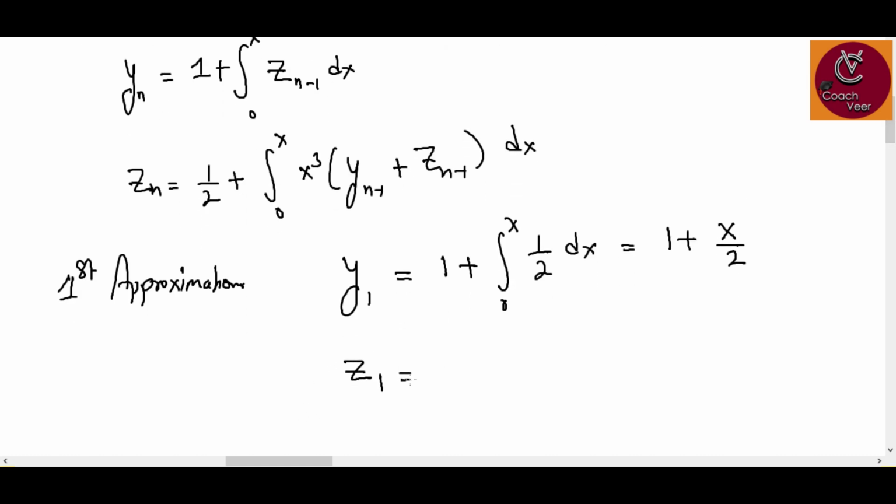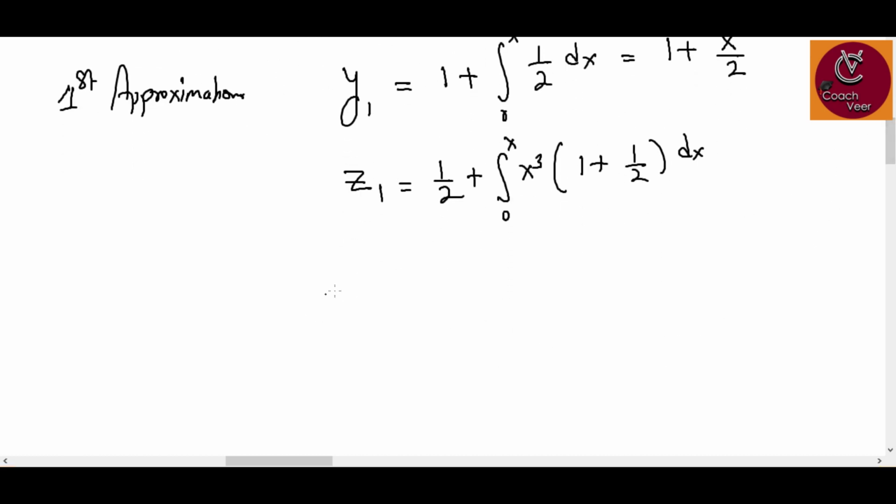So let's proceed for z. z1 is equal to z0, which is 1 by 2, plus integral 0 to x of x cubed times (y0 plus z0), because 1 minus 1 is 0. y0 is 1 plus z0, which is half, so half plus 1 is 3 by 2. So 3 by 2 can be written outside.